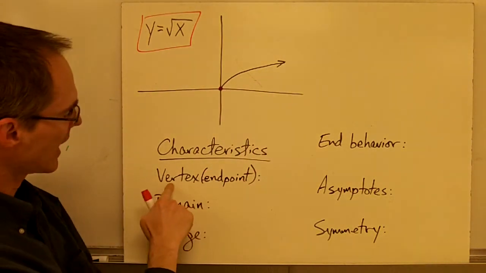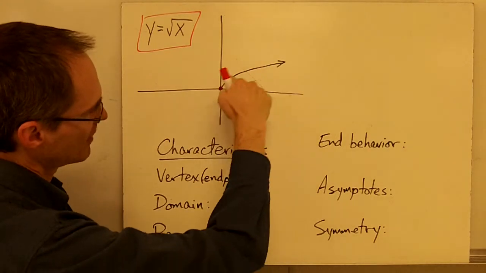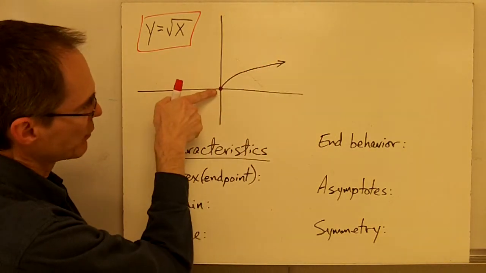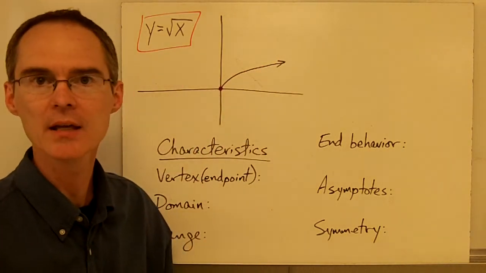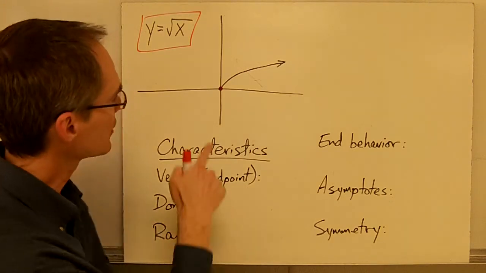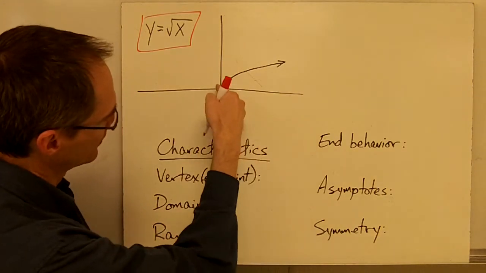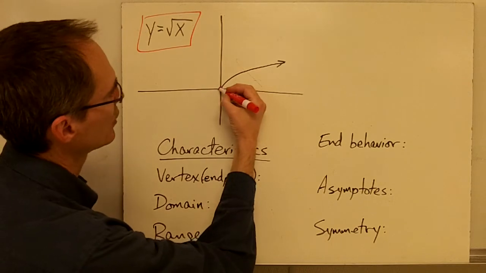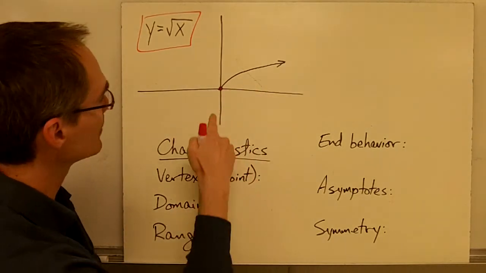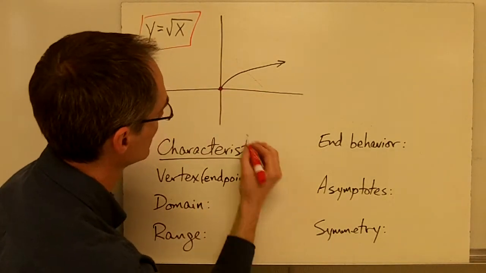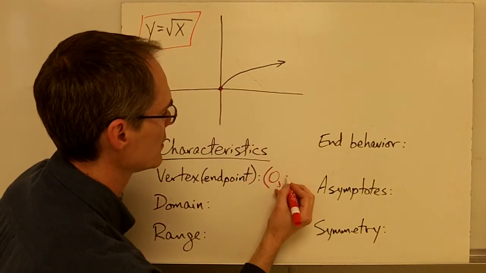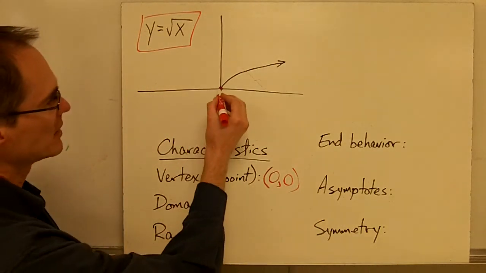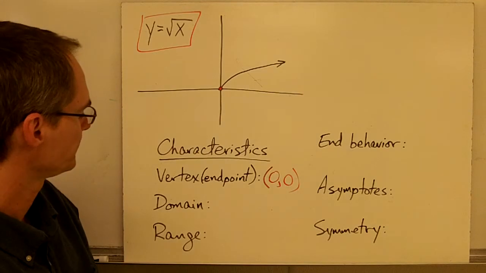Ordinarily I would have called that a vertex. In fact, if I had my whole graph up here still, it would have looked like the vertex on a y equals x squared function. Since I took away the bottom part, it doesn't really qualify as a vertex anymore, so I'm just going to call that an endpoint. That point is just the origin, (0, 0). So that's my endpoint for that graph.